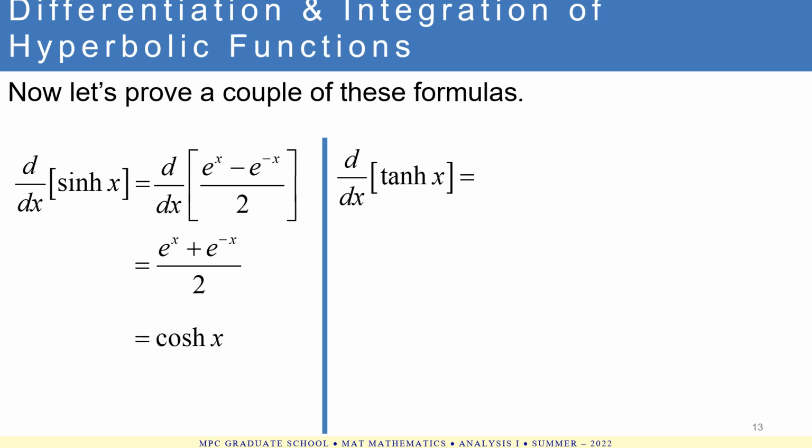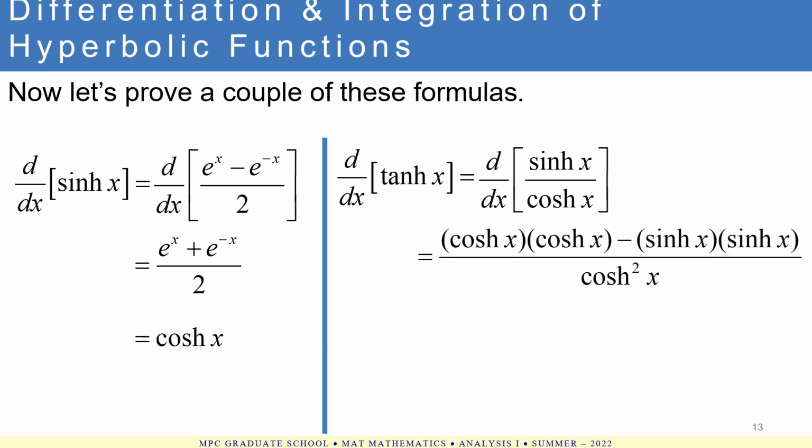Well, hyperbolic tangent is hyperbolic sine divided by hyperbolic cosine, just like with regular trigonometry. Now, we apply the quotient rule. So, in the numerator, we are going to have hyperbolic cosine squared minus hyperbolic sine squared, and by the fundamental identity of hyperbolic functions, that numerator is nothing more than 1, divided by hyperbolic cosine squared, which of course can be written as hyperbolic secant squared.